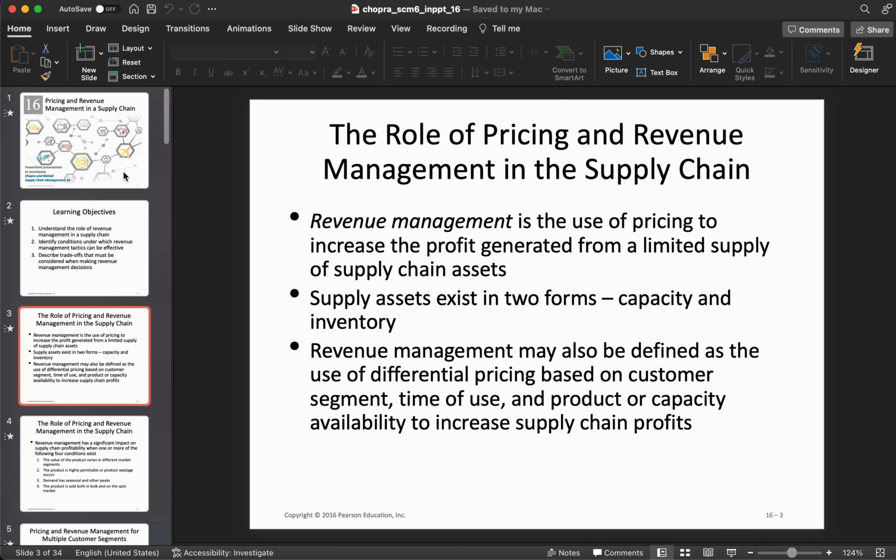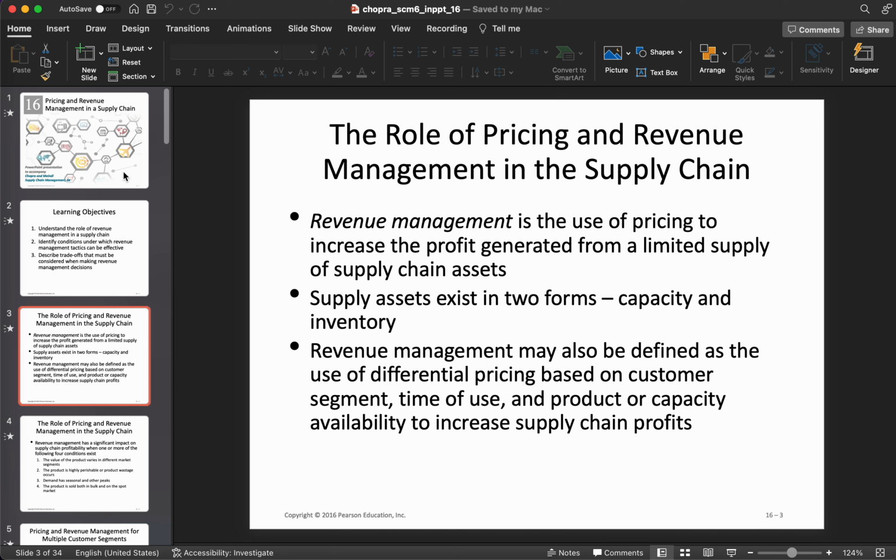Now, using revenue management, there are three other strategies that you could potentially use. There are three ways in which you could potentially increase your profits. One is you could have customers who are willing to wait for longer. So you can have customers who are either willing to order way in advance or book your capacity way in advance, or are willing to wait once they place an order.